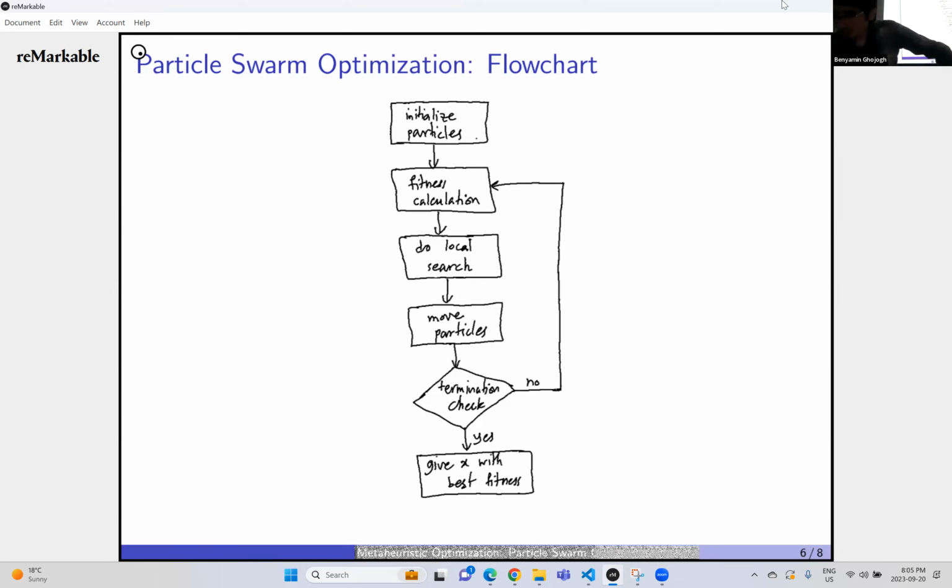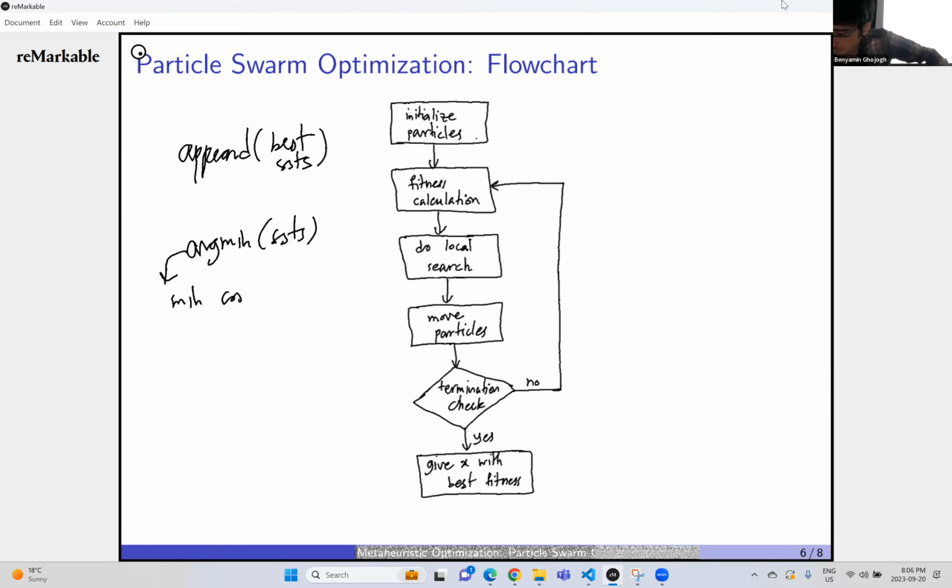For example, you append the best cost, the minimum cost, that you found in each iteration. Finally, you do an argmin in Python, the argmin of cost, the minimum cost. Then you return its x. We call it x star. Someone might do that.